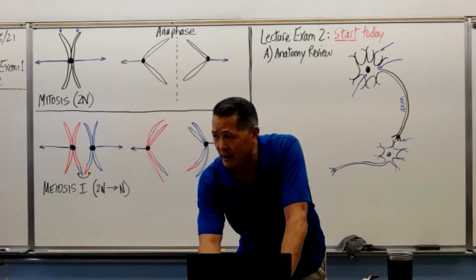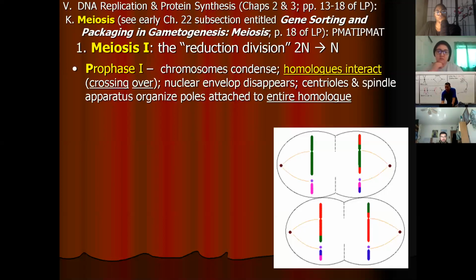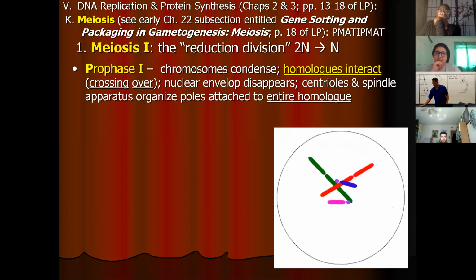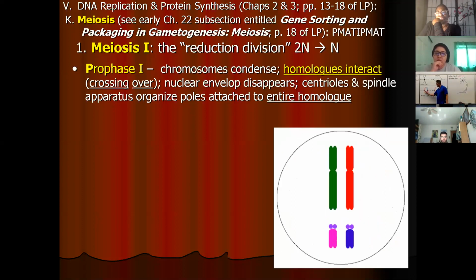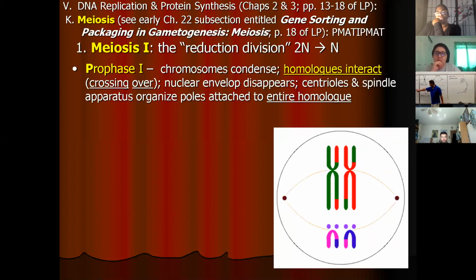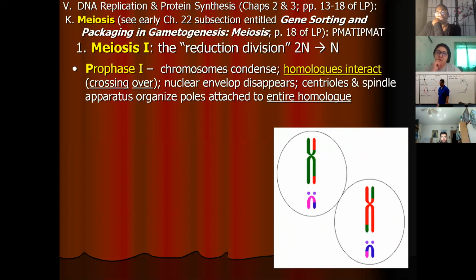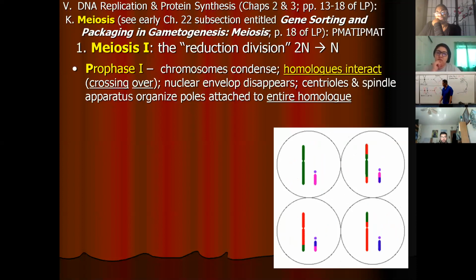Because of that, the homologs come really close. The spindle apparatus attaches to the centromeres differently. From this centriole pair, it will send the spindle apparatus to just one connection, to the red one, and a different connection to the blue one.